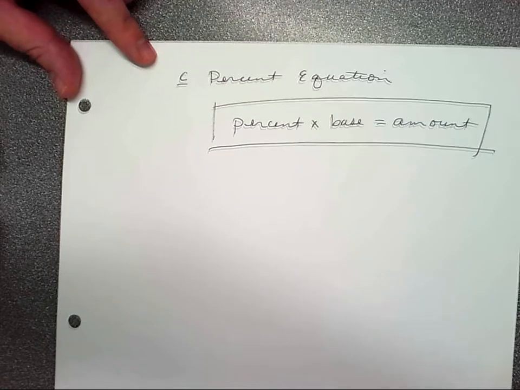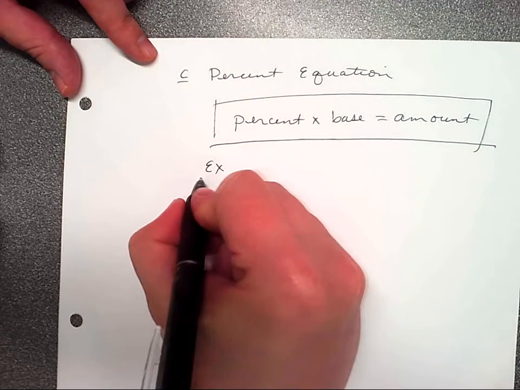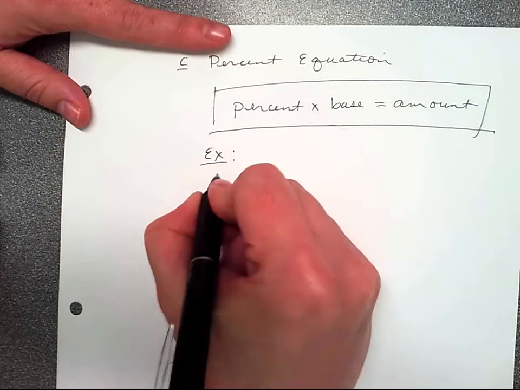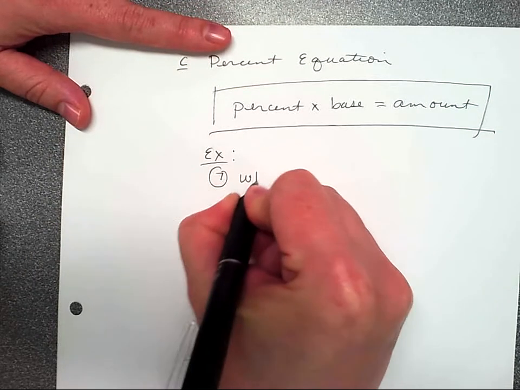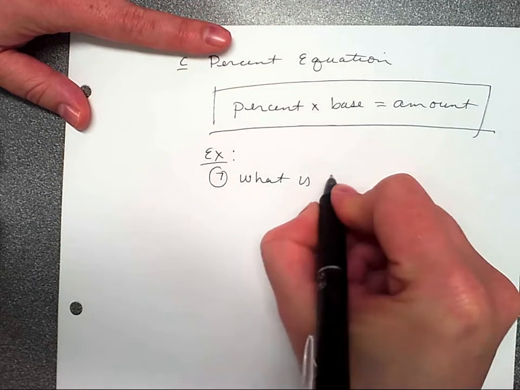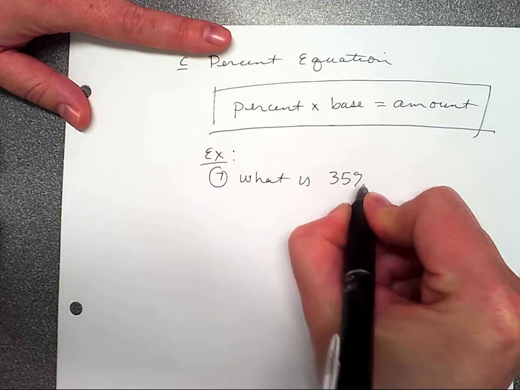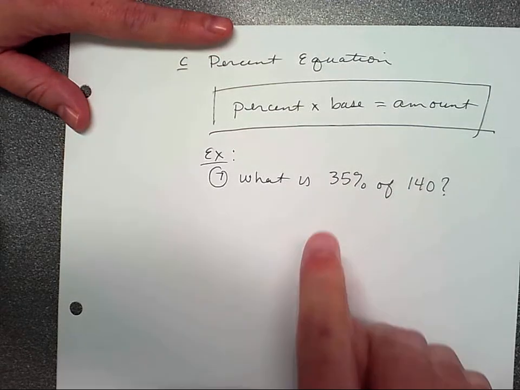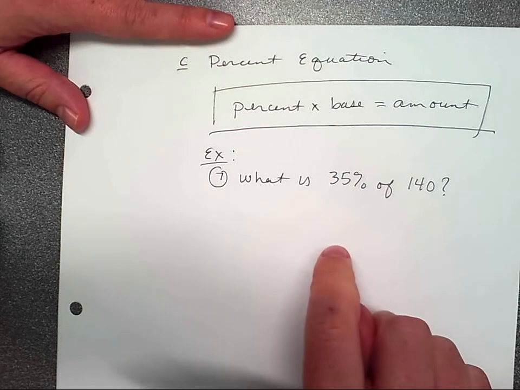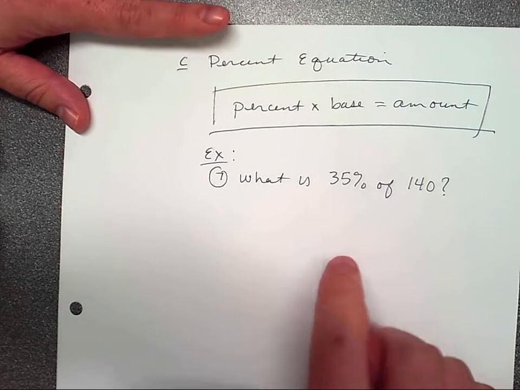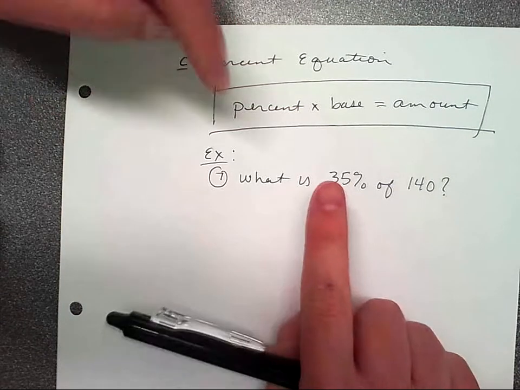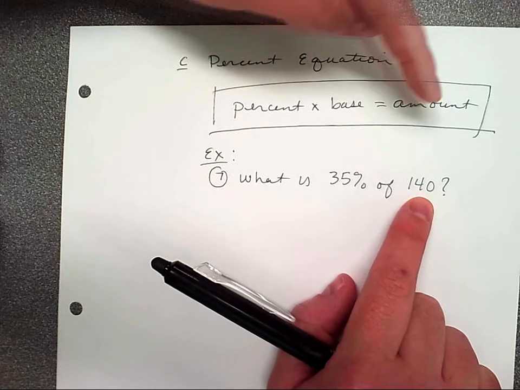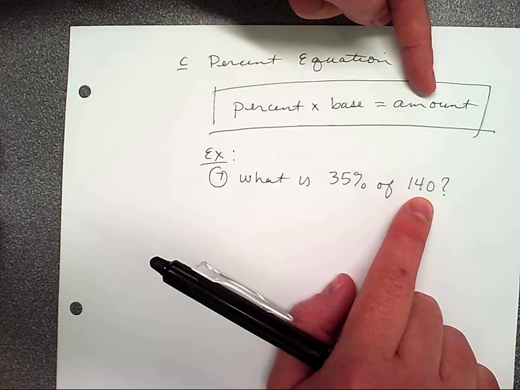Okay, so let's do a couple examples. This is number 7. What is 35% of 140? In math, of usually means multiplication. So I have 35% of 140 is what amount?